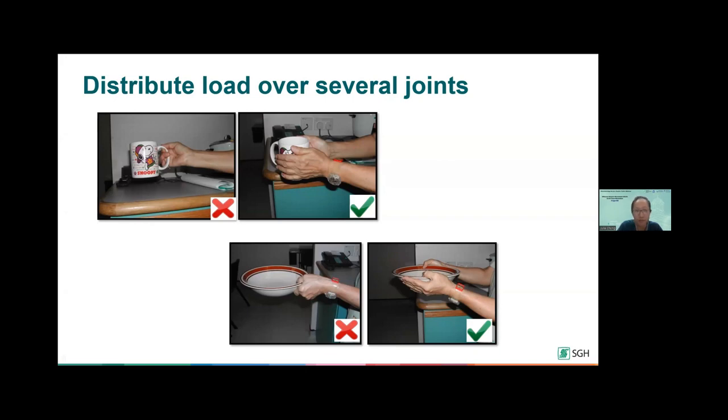Over time, throughout the day, if we do this often, many times, the fingers will slowly start to drift towards the side of the little finger, like what Dr. Tan mentioned earlier on. So the correct way of carrying, of course, is to distribute the load over several joints, so you will have more support. When you see the second picture on the right, when you use both hands to carry, most of the weight is now distributed over all the fingers of the 2 hands as well as the 2 thumbs.